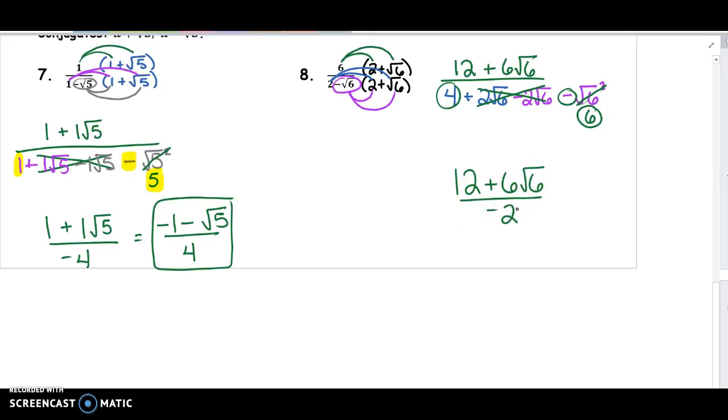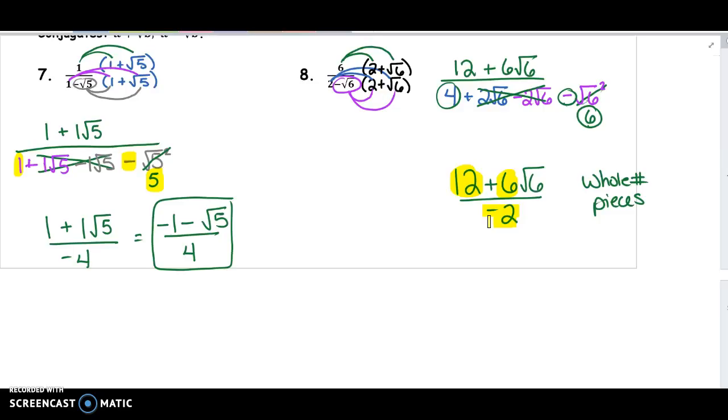So 12 plus 6 times the square root of 6 over negative 2. Just like problem number 1, we have a negative in the bottom, so we need to divide everything by negative something. But I also want you to check your whole number pieces. Check the 12, 6, and the negative 2. Your whole number pieces are the pieces that aren't under the square root.